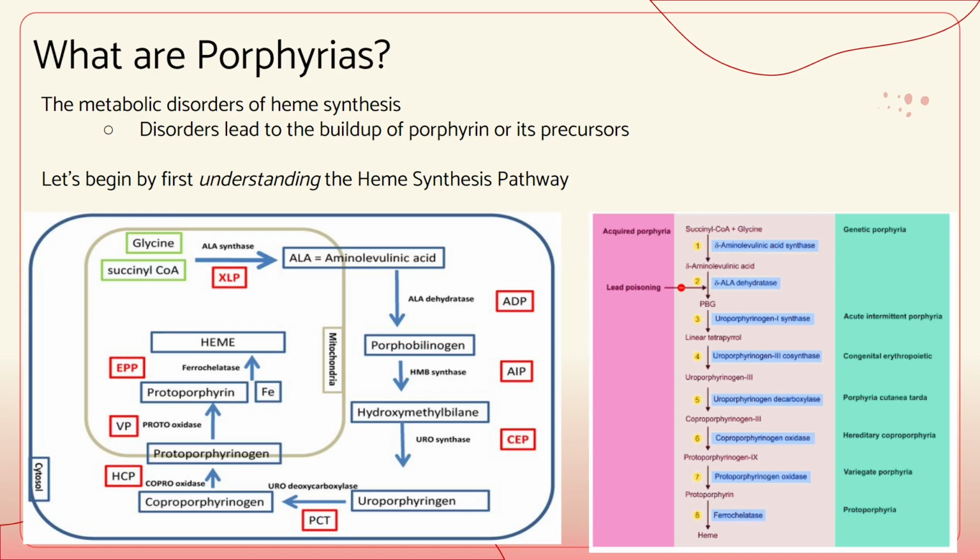So here's an example below of the heme pathway. A few things to take into consideration: we have some mnemonics, but have a general idea of where some of the subunits are. Are they out in the cytosol? Are they in the mitochondria? Also try to keep an idea of what's going on.